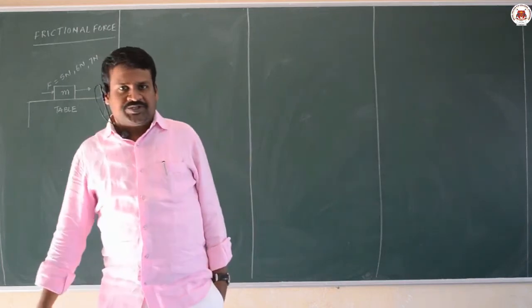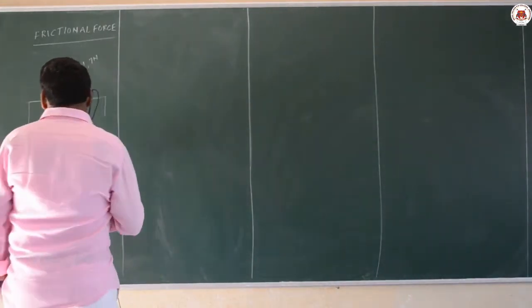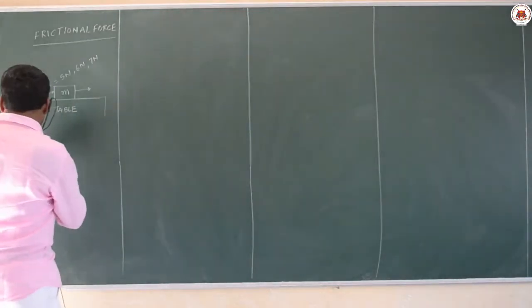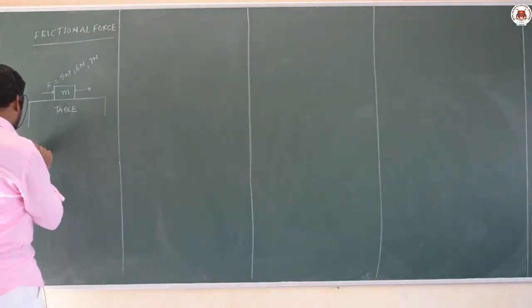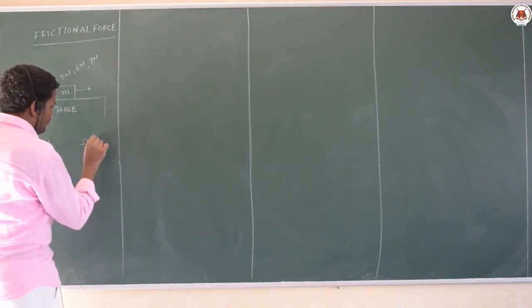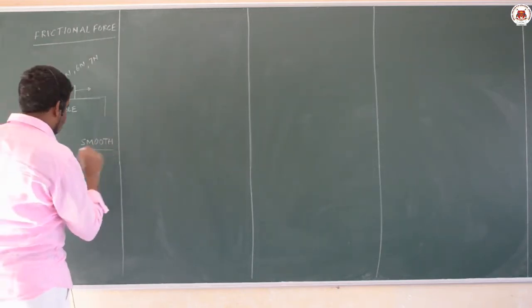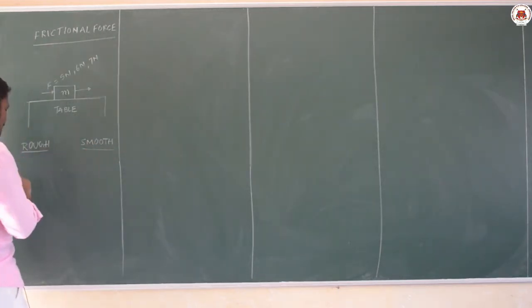The cause for friction: there are two types of surfaces. One is rough surface, the other one is smooth surface. A rough surface is one which has irregularities.